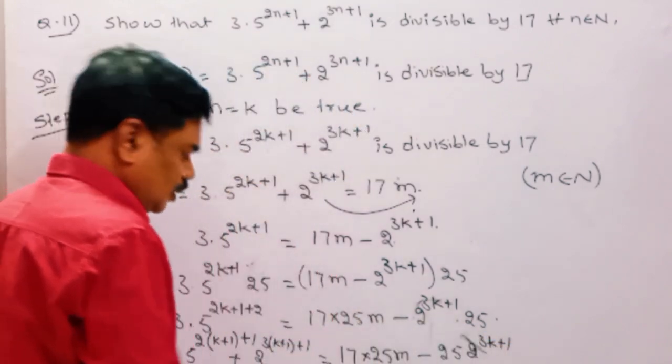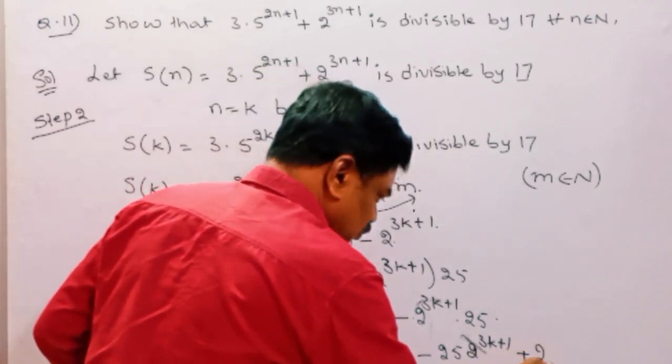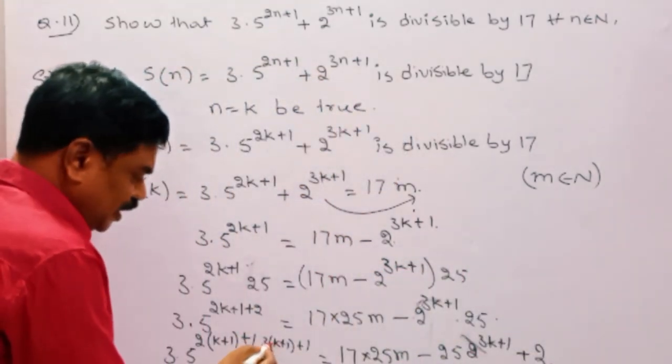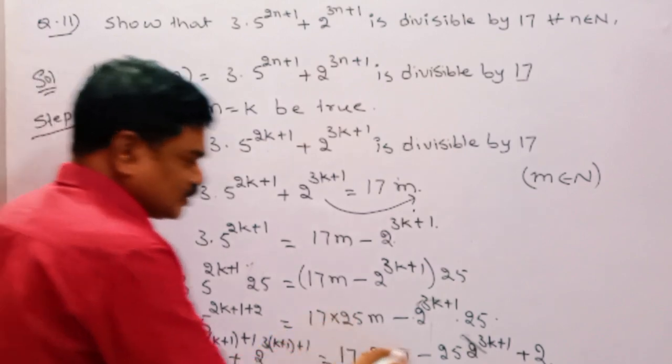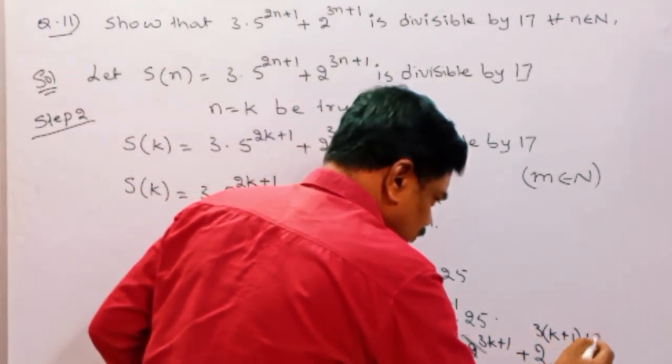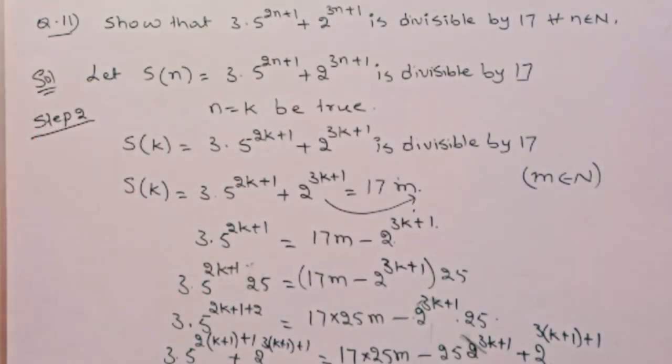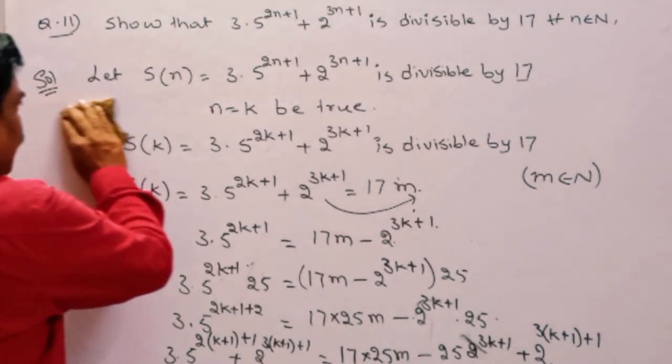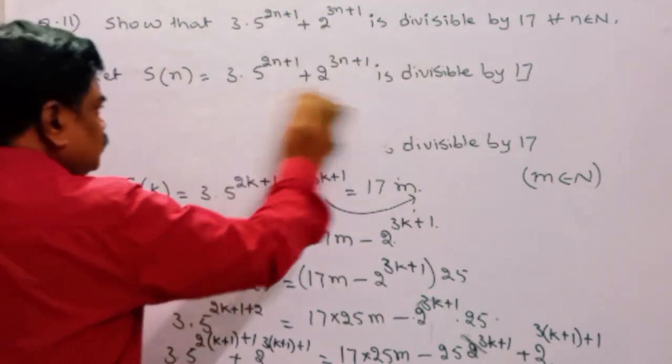Then you simplify this, and we prove that n is equal to k plus 1 is true.